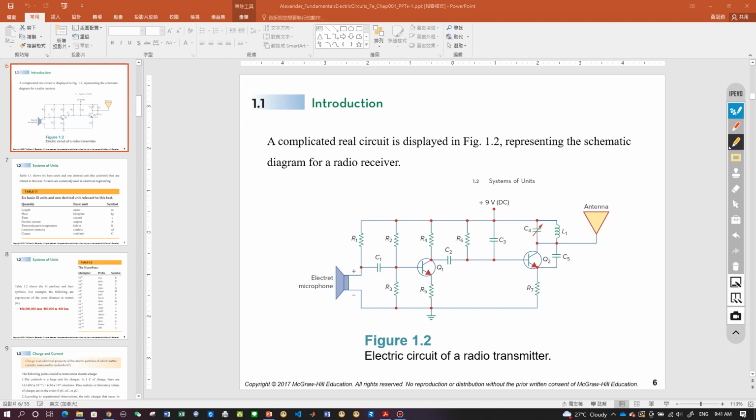There must be a positive source and a negative side. You don't really need to care about what is going on. Of course, this is power consumption. This is the unit, the component, and also this is the antenna, the receiver, whatever.